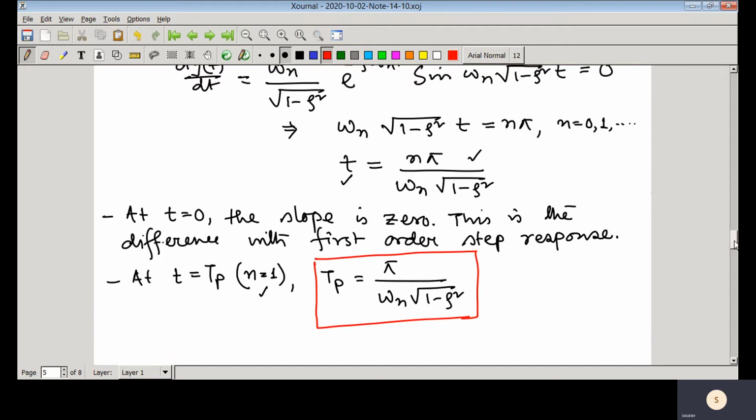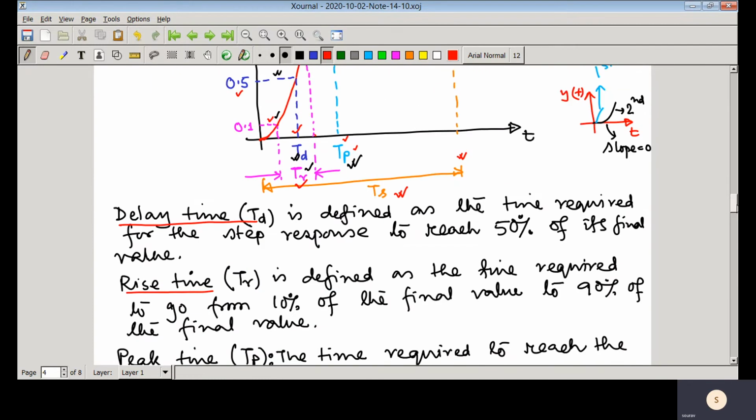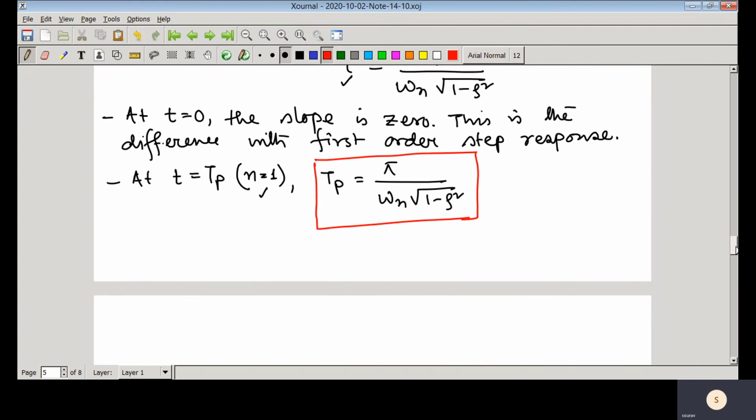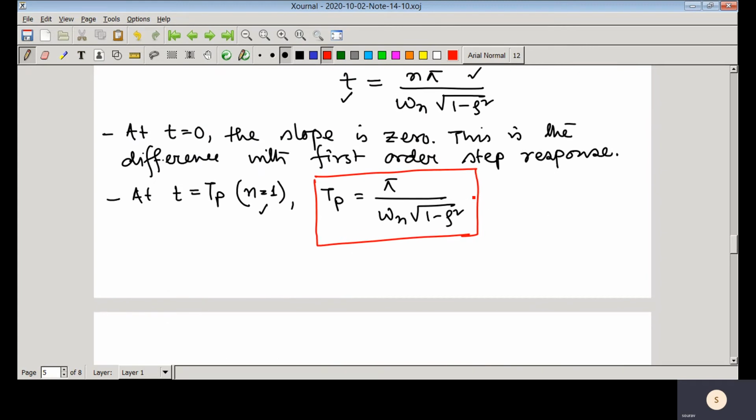Whenever zeta varies from 0 to 1, you have this underdamped response, and the peak time Tp is equal to pi by omega n into square root of 1 minus zeta square.